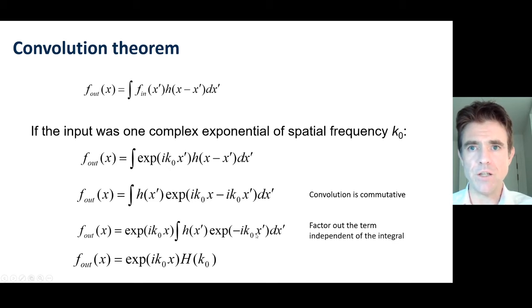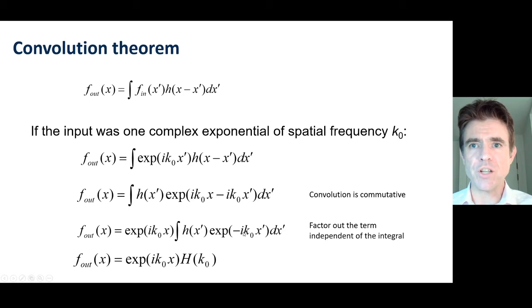Okay, we can use any dummy index that we like for the integral here, so that is the Fourier transform of h of x, or h of x prime, whatever variable we want to use to access the values in that point spread function.